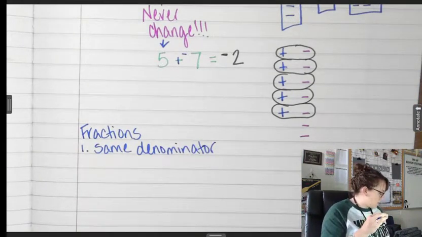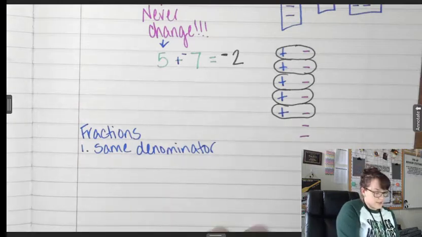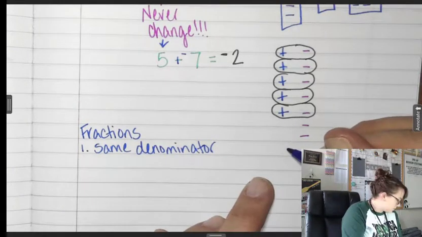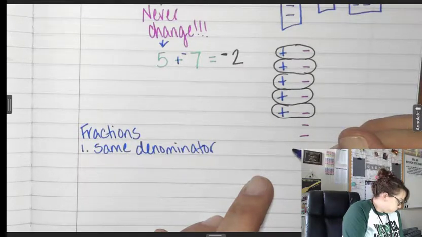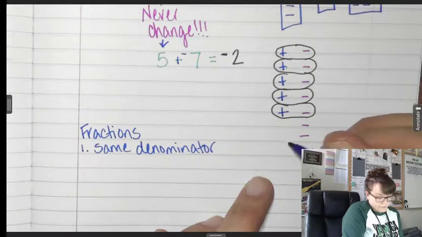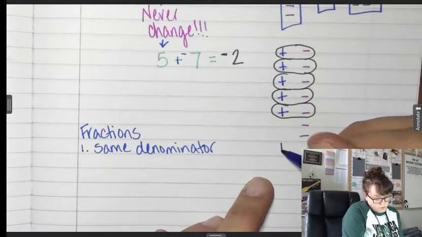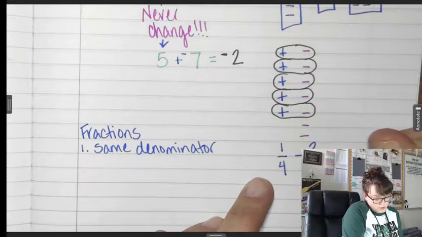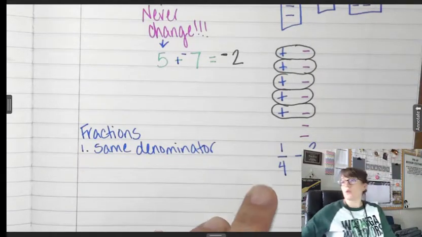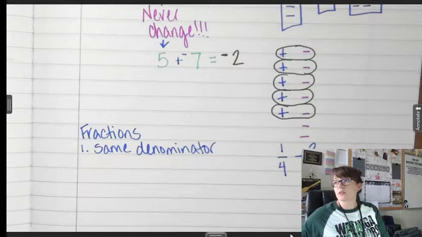So let's do, these all have the same denominator, that's nice. We'll do 1/7 minus 3/7. No, I wanted something with a different denominator. We'll go 1/4 and 2/3. 1/4 minus 2/3.